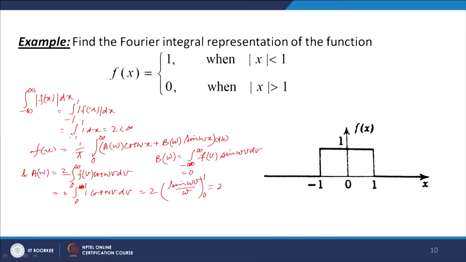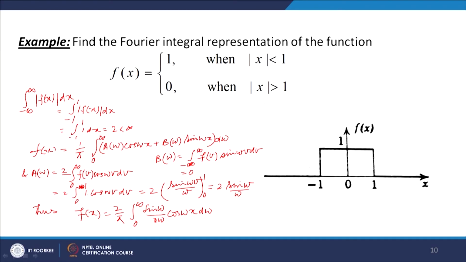So, with this 2 times sin omega over omega. Thus f(x) is equal to 2 over pi integral from 0 to infinity, where A(omega) is 2 times sin omega over omega. So, this is sin omega over omega, the 2 we have written outside, into cos omega x d omega. This is the Fourier integral representation of f at each point of continuity of f.